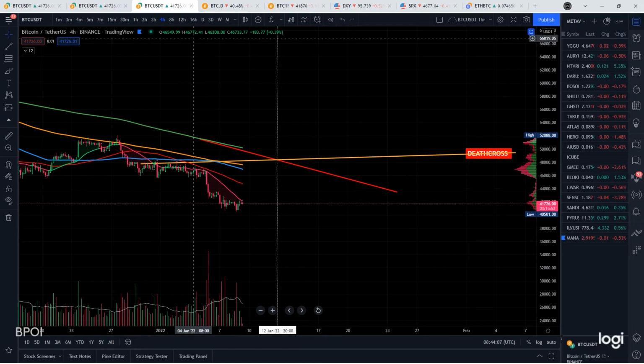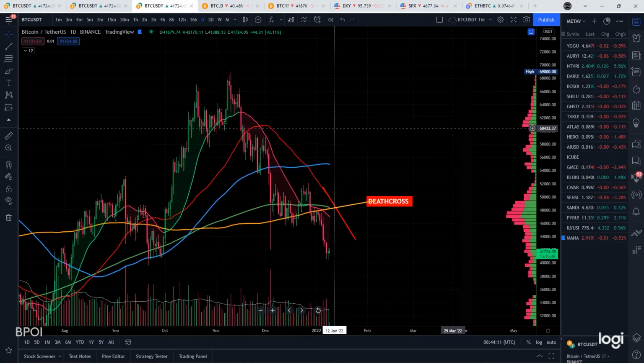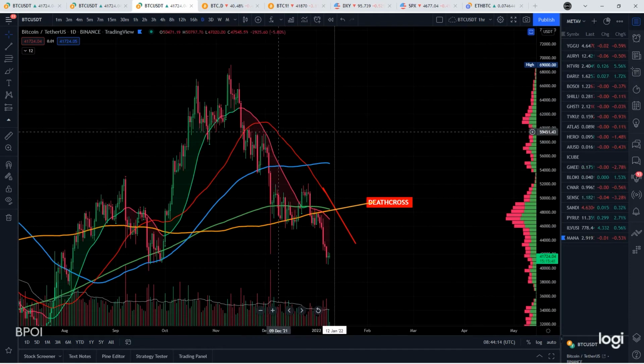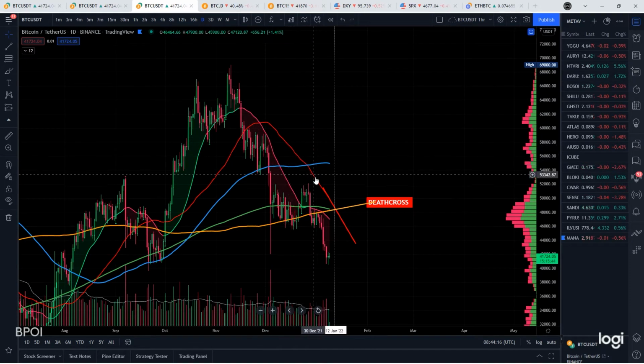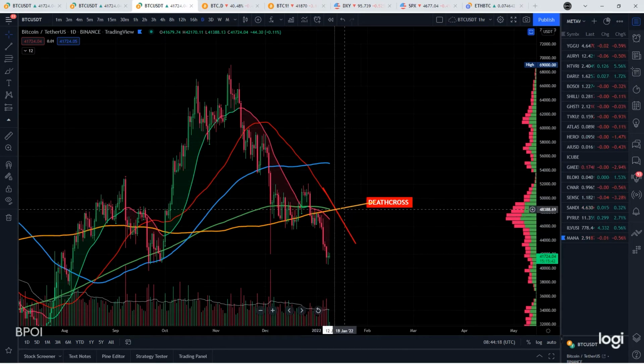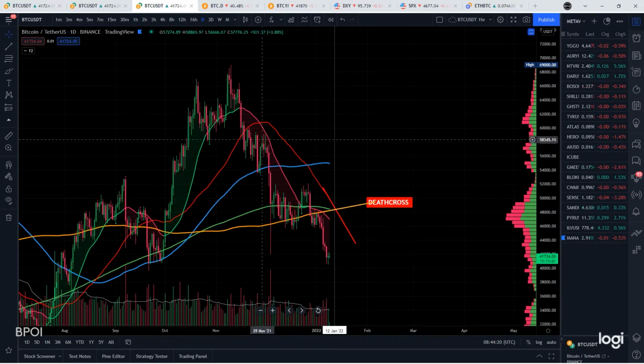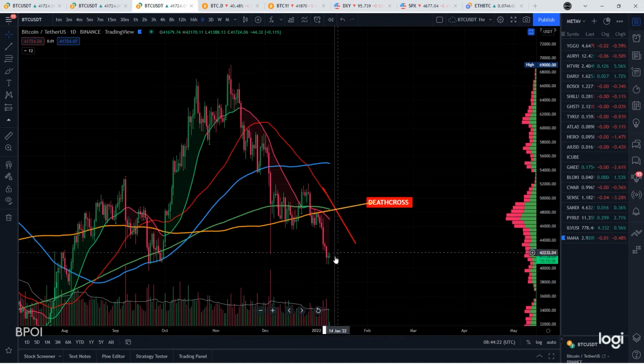But like I say, if you look at the Bitcoin price, a lot of the price action happens when the two SMAs are converging and the death cross is moving closer. Last time we had a death cross, once it crossed, price moved back up again. So just don't put too much influence on this death cross.